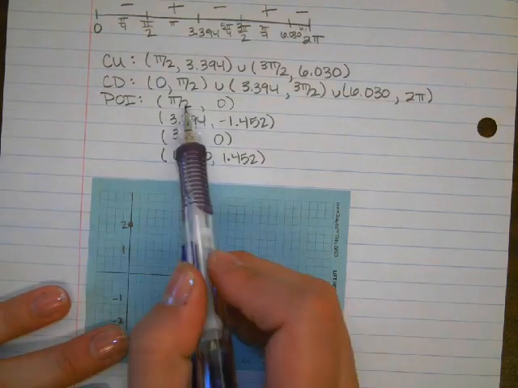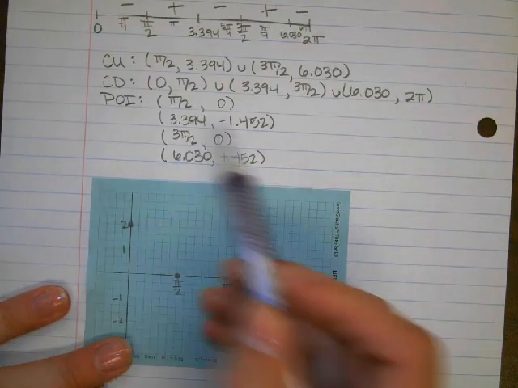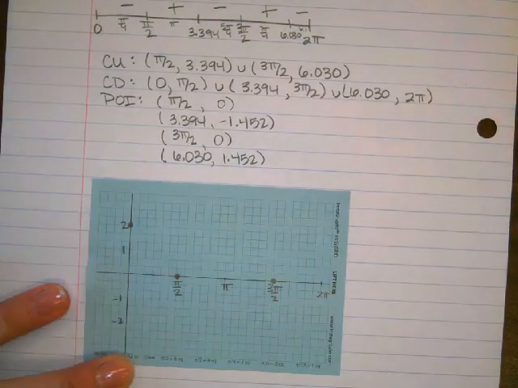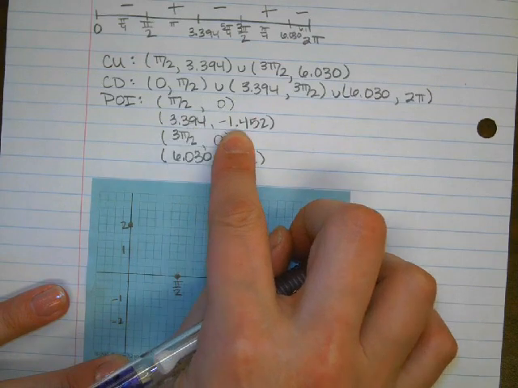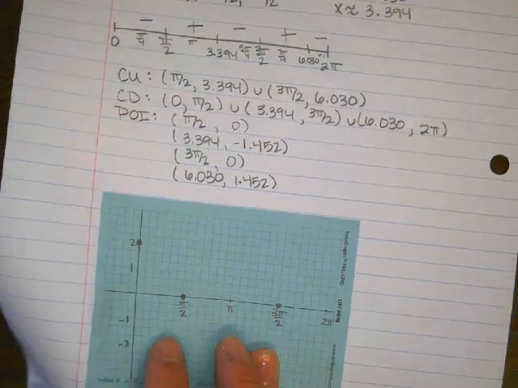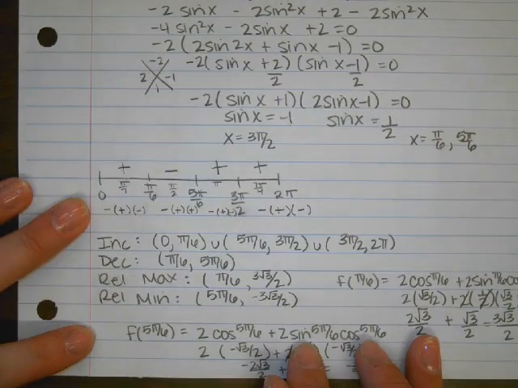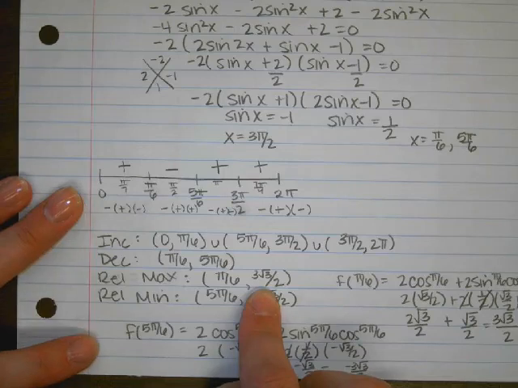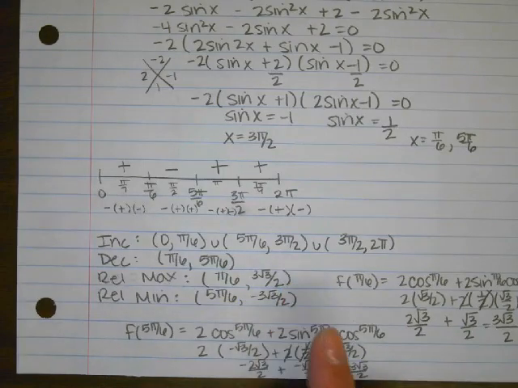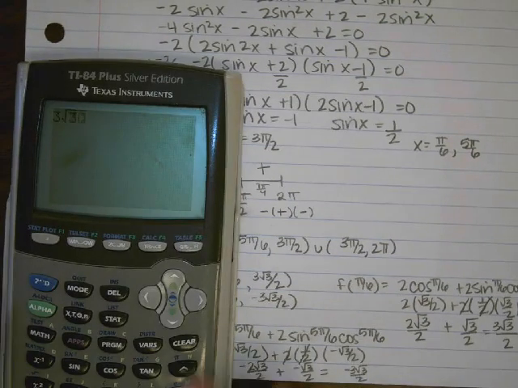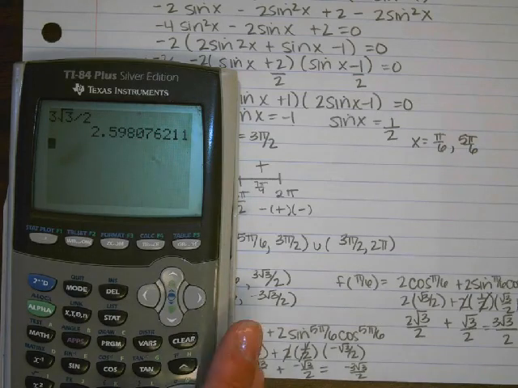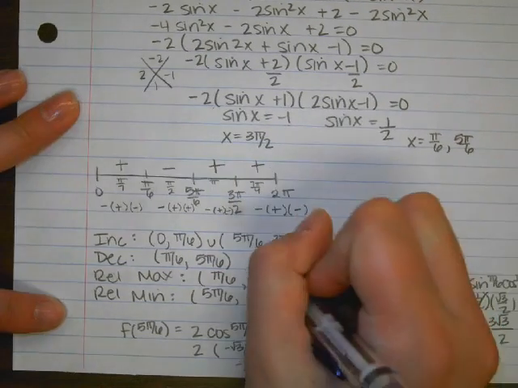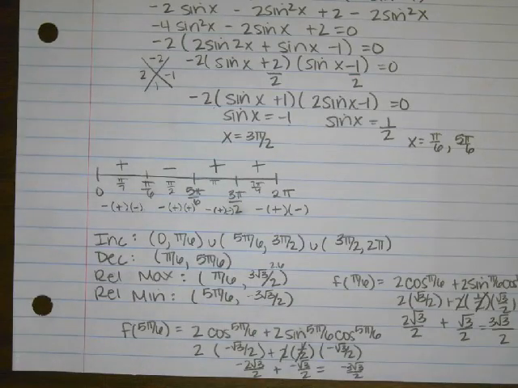So I already graphed this point of inflection, I already graphed that point of inflection, but I have 3.394, negative 1.452. Oh, it's going to be kind of hard to draw. I might hold off on that one for a second. Relative min and max, we can graph those though. So pi 6 and 5 pi 6, I just need to see what this decimal is. So that's 2.598. So I'm going to write 2.6 because I probably can't graph it more accurately than that.